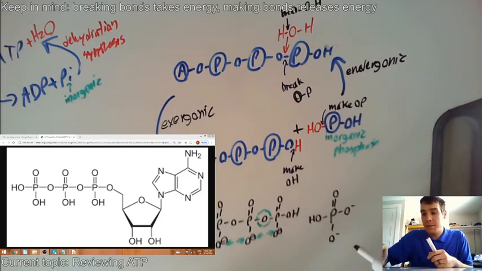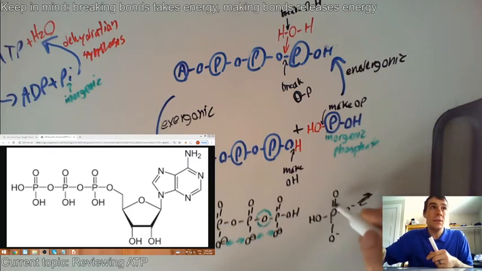A single inorganic phosphate. Basically, these negative charges can actually move around in what's called a resonance structure. These are just electrons making these bonds, and they can migrate.